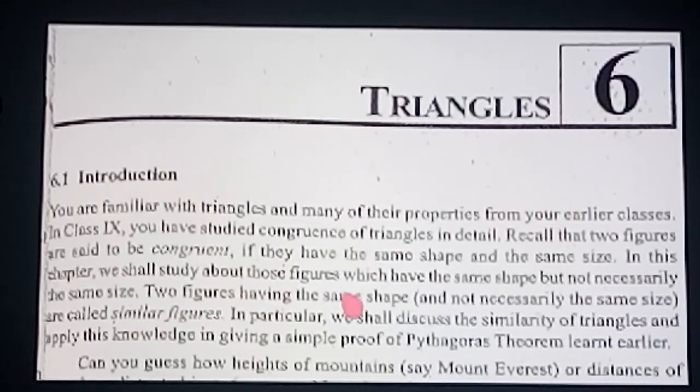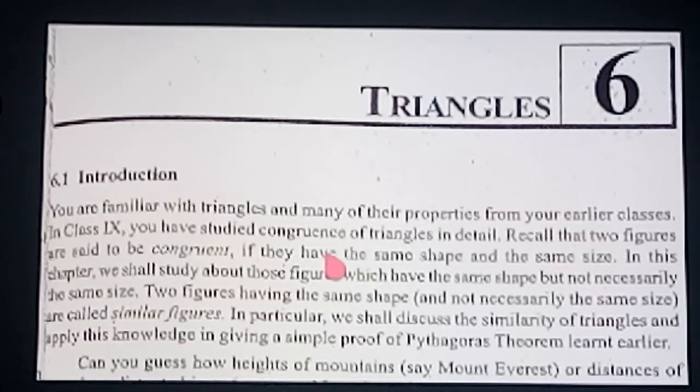Okay. So here first of all I am going to explain what is meant by congruent figures. Congruent figures means two figures having the same shape and size. That type of figures we are calling congruent figures. The meaning is that two circles with the same radius are congruent figures.